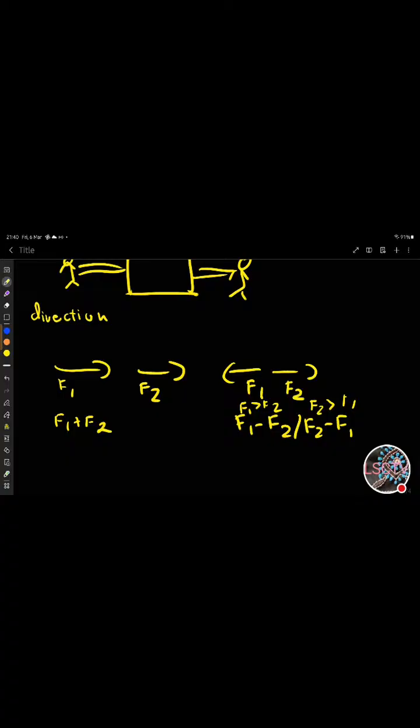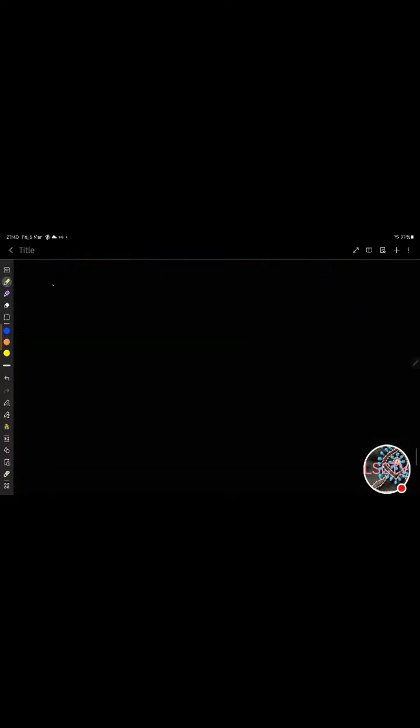Alright, okay. So yes, let us just continue. Now, those types of forces which need a direction and a magnitude to specify them are called vector quantities.